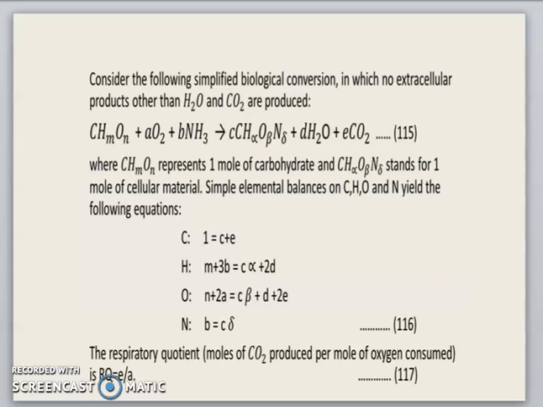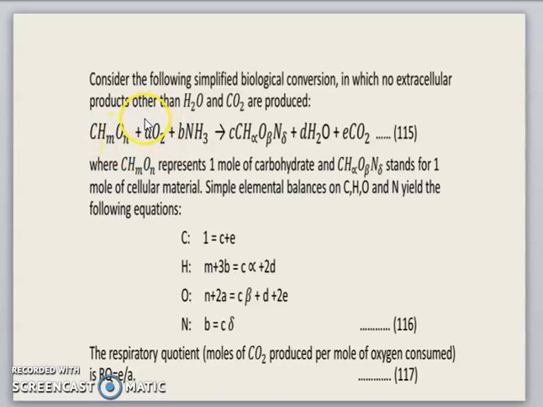Consider the following simplified biological conversion in which no extracellular products other than H2O and CO2 are produced. This equation shows a general stoichiometric equation for the fermentation. So this is the substrate, CHmOn substrate.